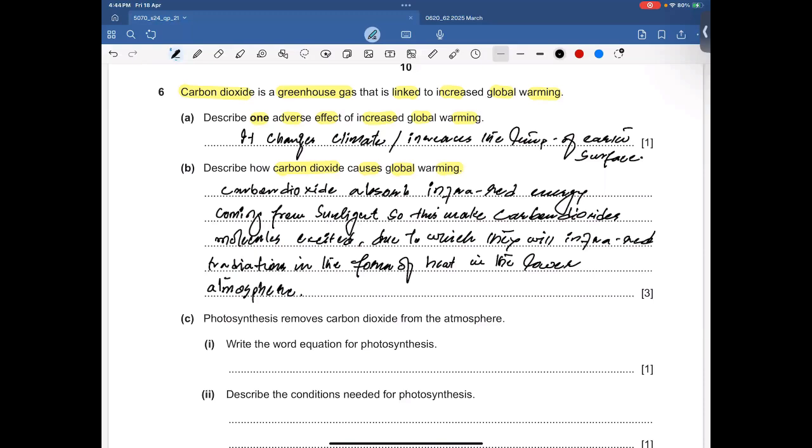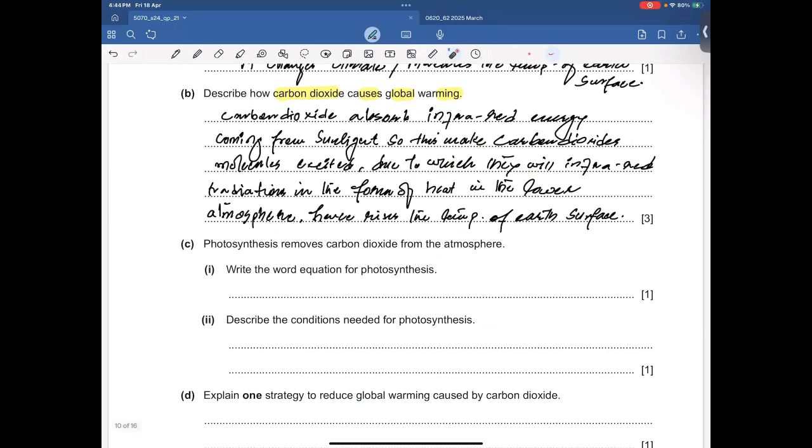Okay. Hence, the temperature of Earth's surface rises. Okay, that's what we have done in the class.